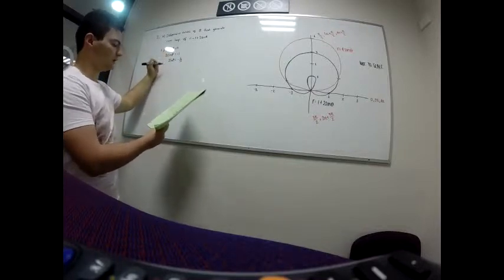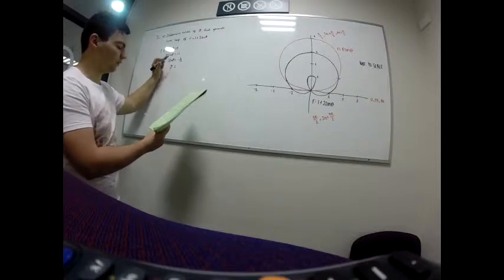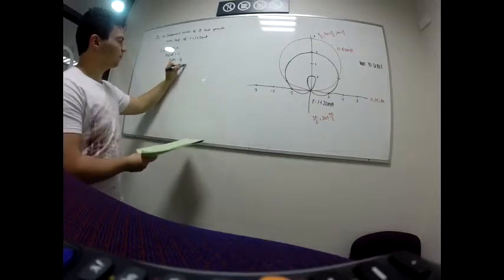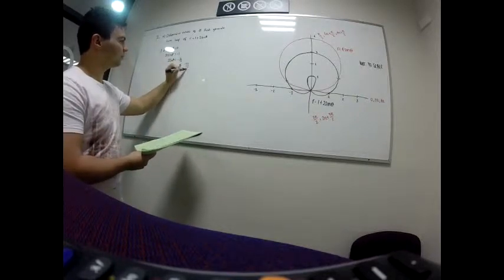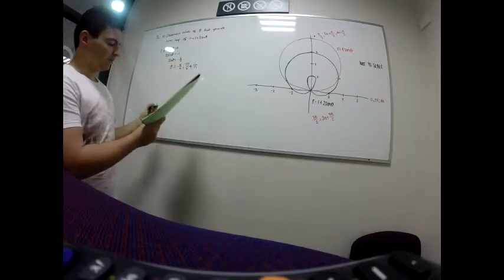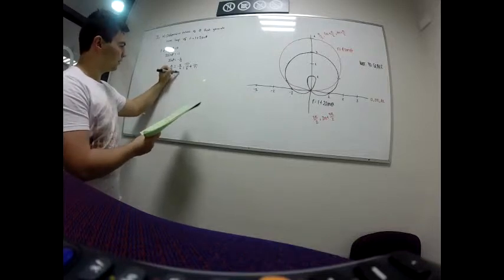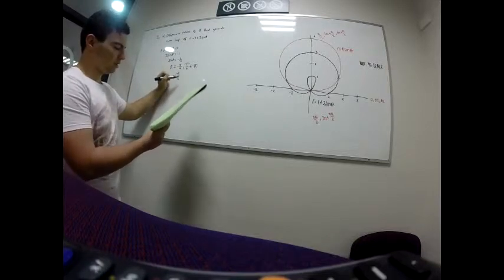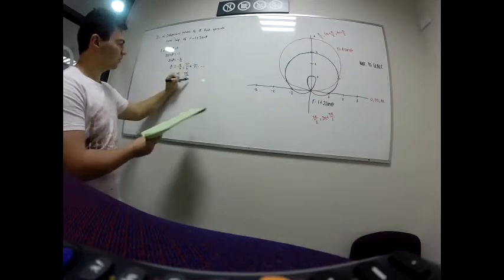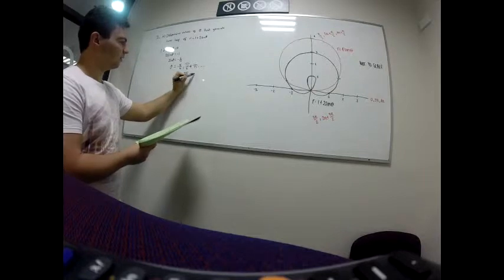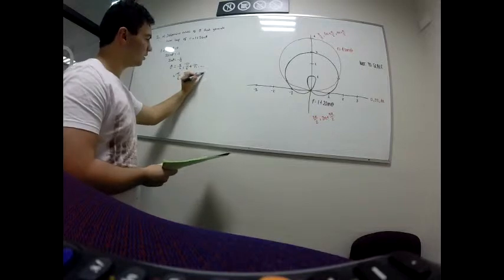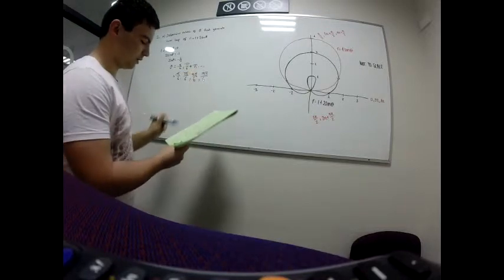Solving for theta, you'll get values of minus pi on 6, pi on 6 plus pi, and so on, which will be minus pi on 6, 7 pi on 6, 11 pi on 6, and 19 pi on 6.